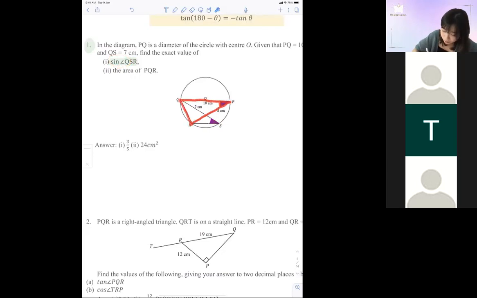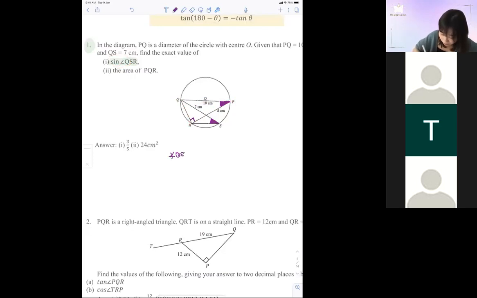How do I know this is a right angle triangle? You see a diameter, you see 2 chords, okay? This is 90-degree angle in a semicircle. So every time when you use properties of circle, you need to write the reason. So let's write one by one.